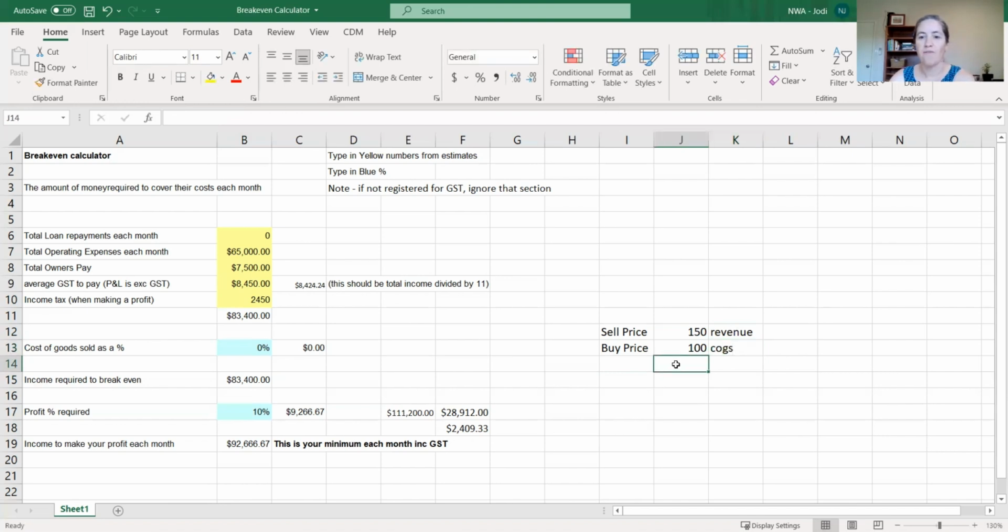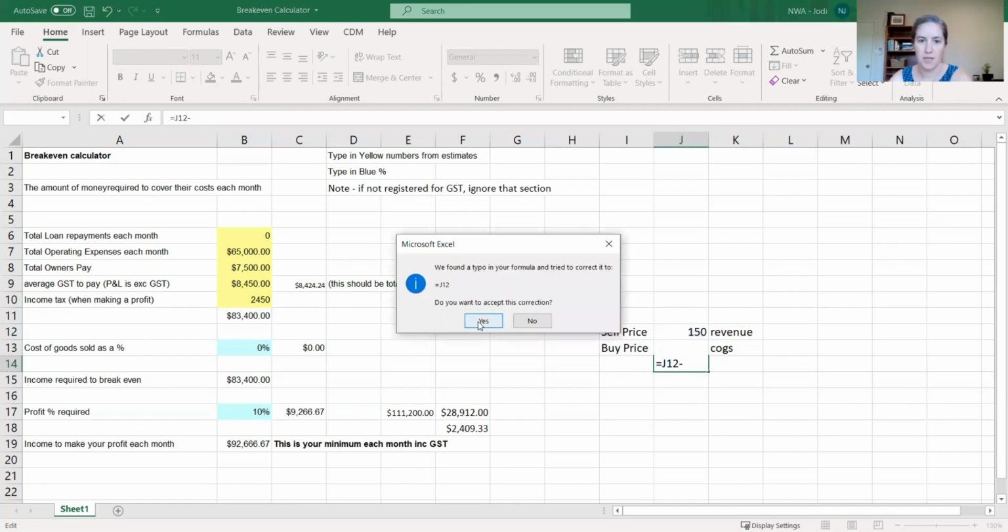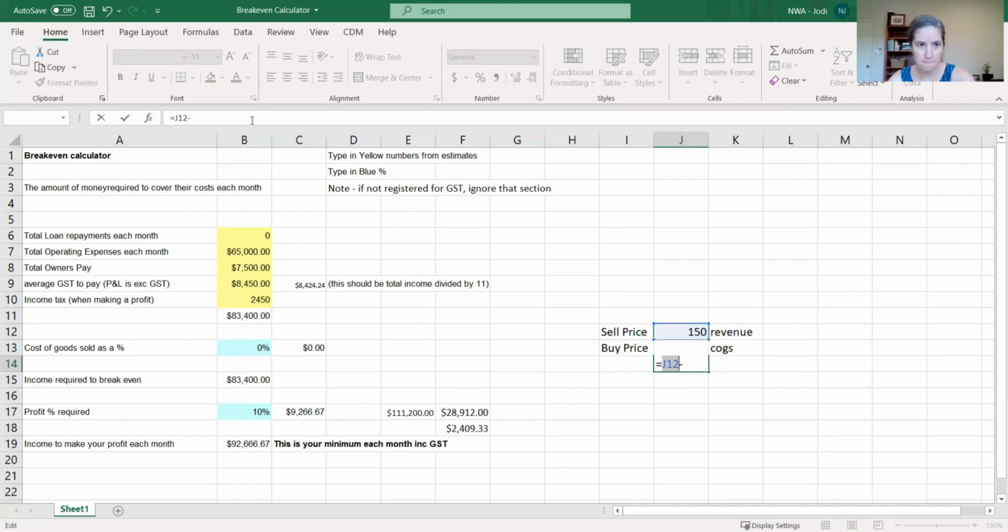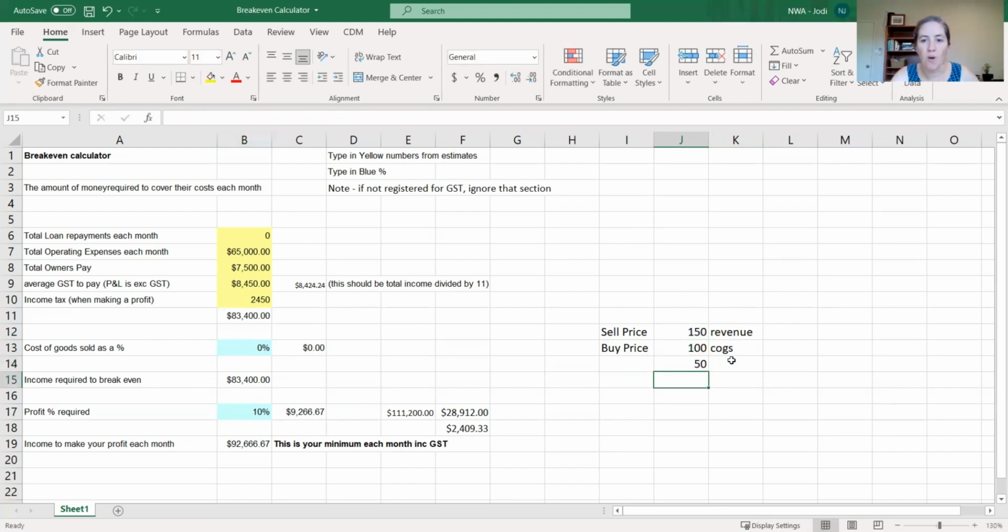So your profit, or your gross profit, is the money that you have made off that one particular product.